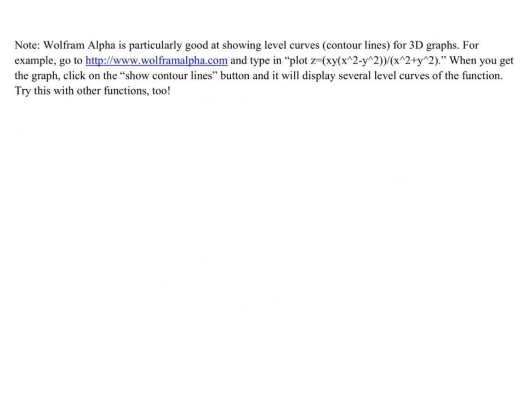Okay, now just a note about Wolfram Alpha. If you've never used it before, it's particularly good at showing level curves or contour lines for 3D graphs. For example, what I'd like you to do is just try using it. So pause the video, go to wolframalpha.com and type in plot z equals xy times the quantity x squared minus y squared all over the quantity x squared plus y squared.